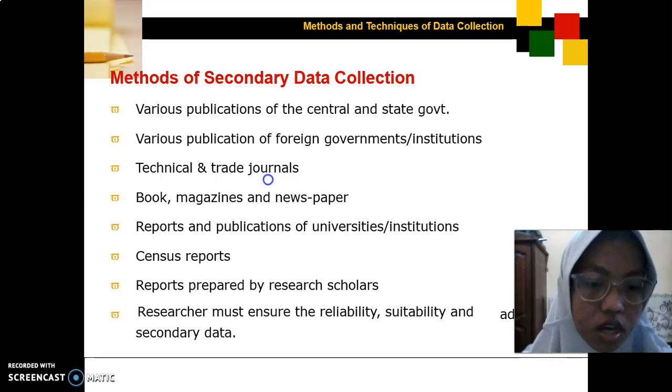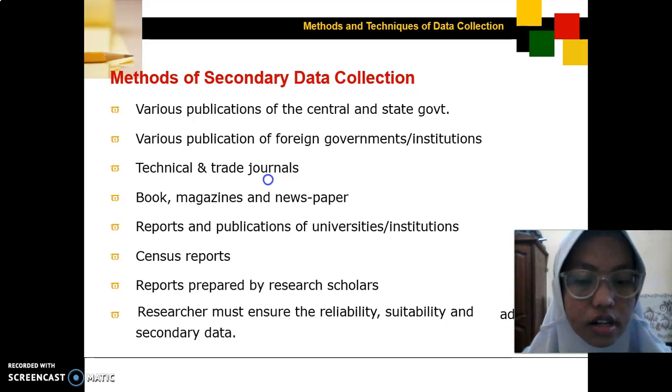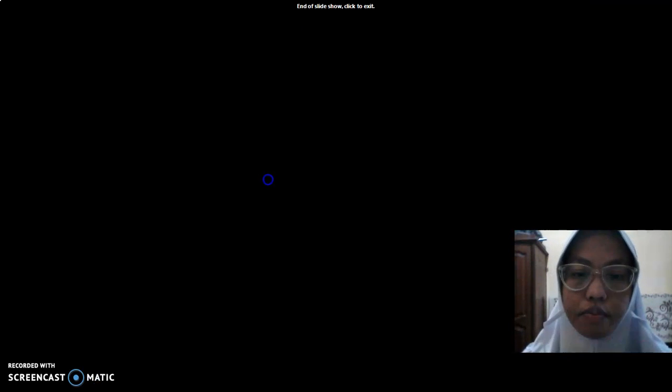The researcher must ensure the reliability, suitability, and adequacy of secondary data.